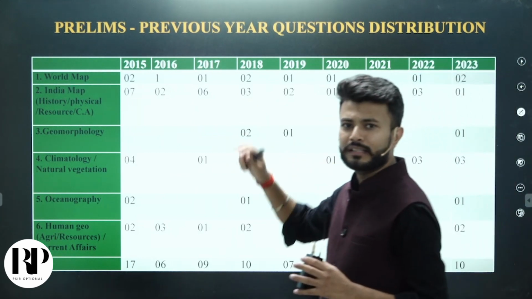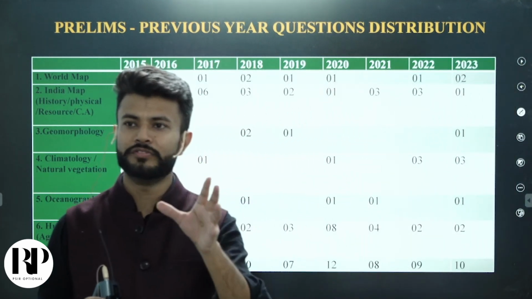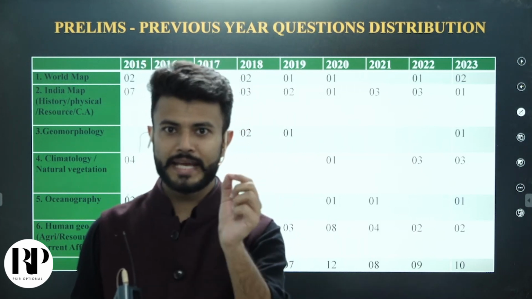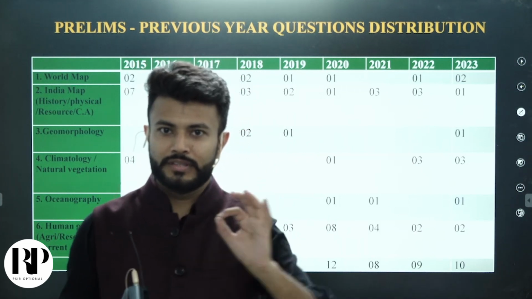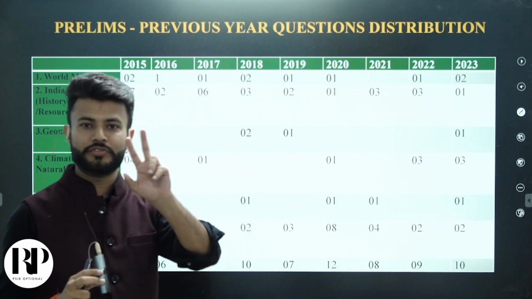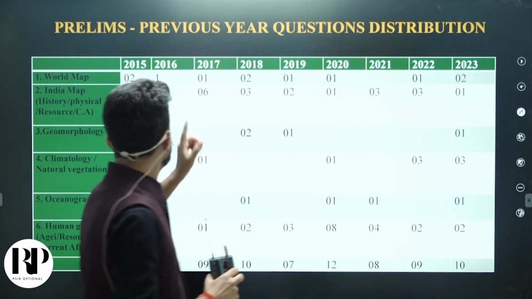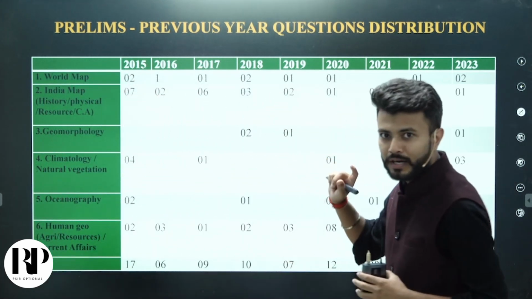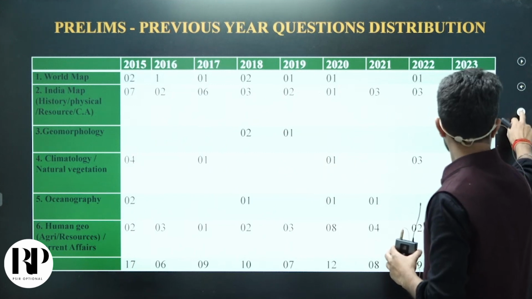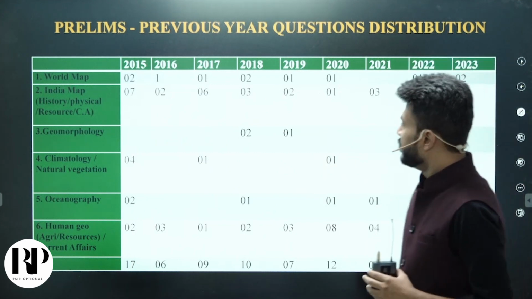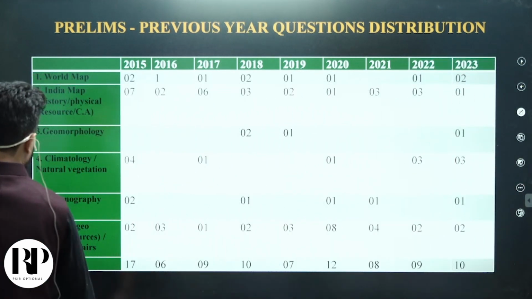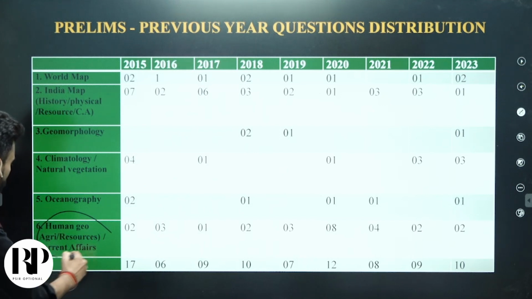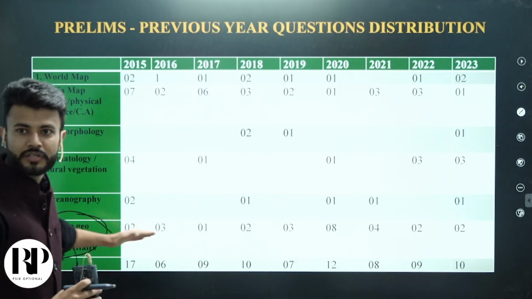This is basically the distribution of PYQs in prelims as well as mains in different sections. So this is a screen which gives you just two important conclusions. When you come to the prelims part from the Indian geography sections, on an average, this is a section related to Indian geography, that is the human geography, agriculture resources, the last row.